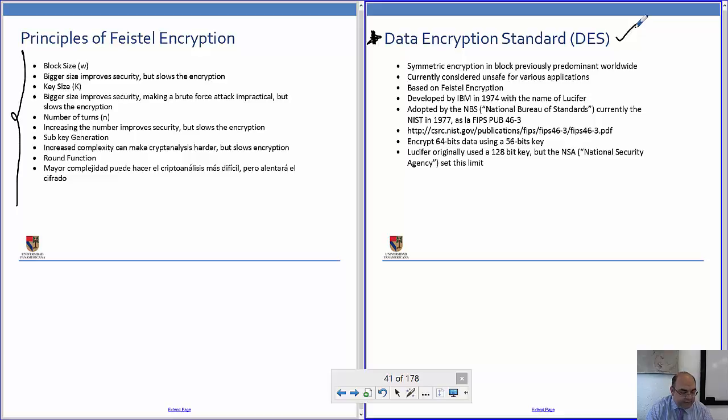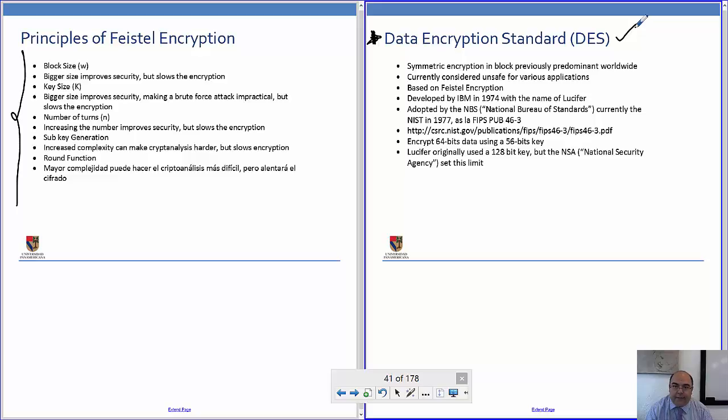This means Data Encryption Standard. It's, as you can guess, a symmetric encryption cipher that works in blocks. Currently, it's considered unsafe, and we will see why.